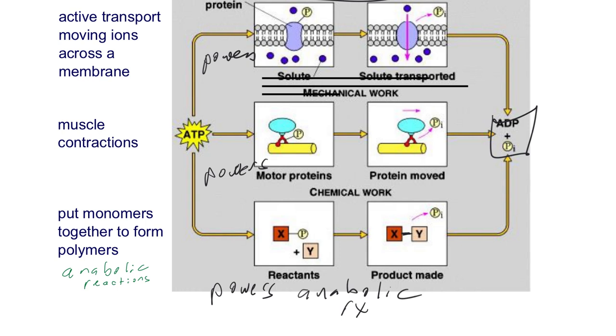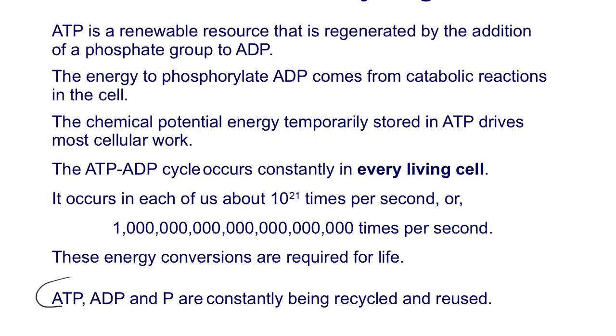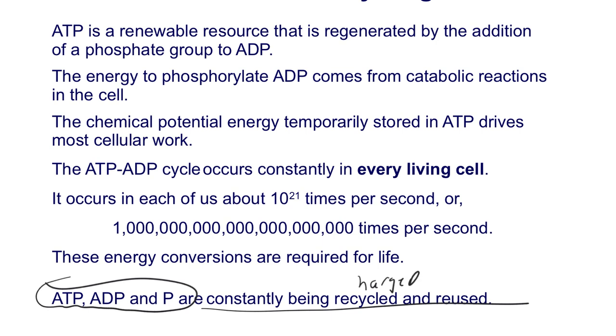Now, ADP is like a battery that can be recharged, and we'll talk about that. That's the whole point of respiration, to charge up the ADPs to ATPs. So ATP is constantly being recycled and recharged and then reused in one cell.